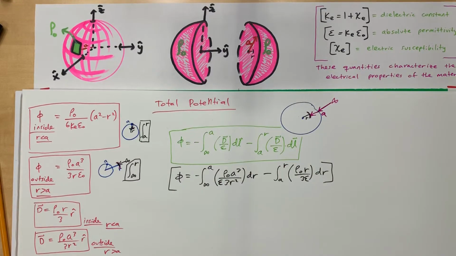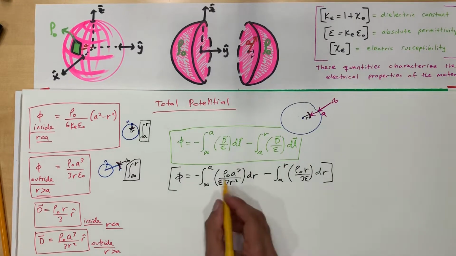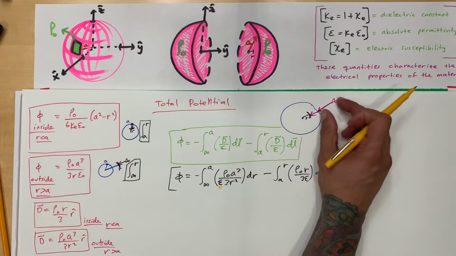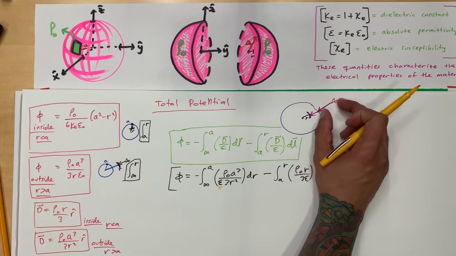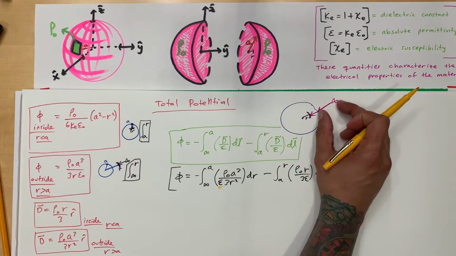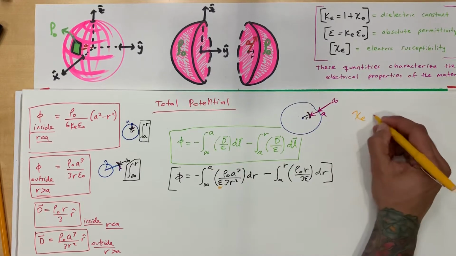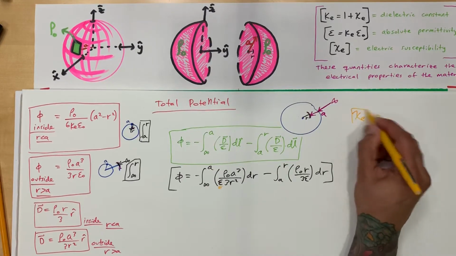Now let's simplify this a little more. So this epsilon is for the outside. And what do we know for electric susceptibility outside? It's 0. So chi outside is equal to 0, right?